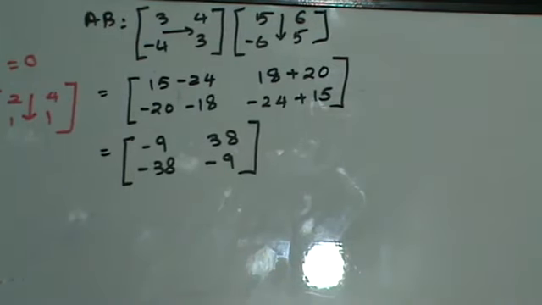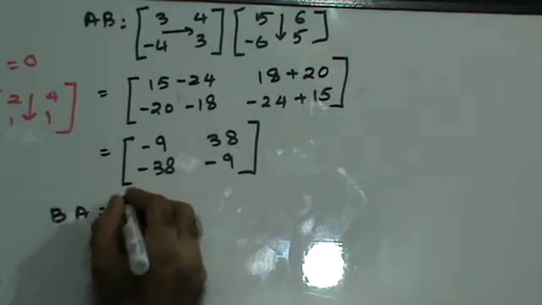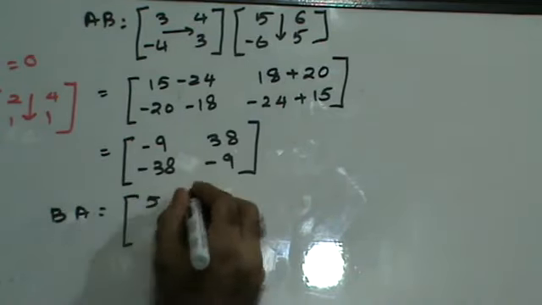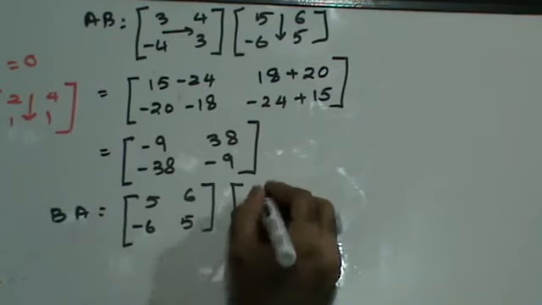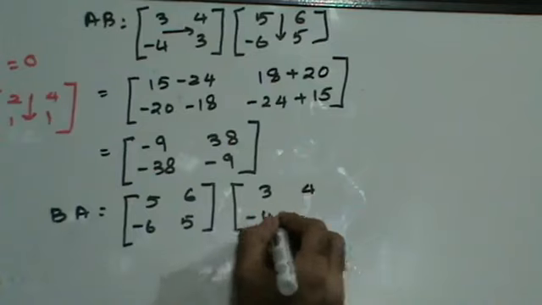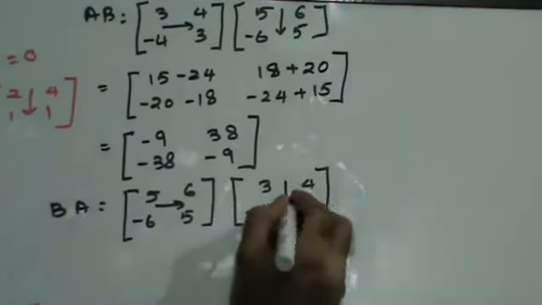Right? Once I get the value of AB, the next thing I'm going to do is find out BA, for which I'll have to write B first: [5, 6; minus 6, 5] [3, 4; minus 4, 3]. How do I do multiplication of matrices? Rows into columns.